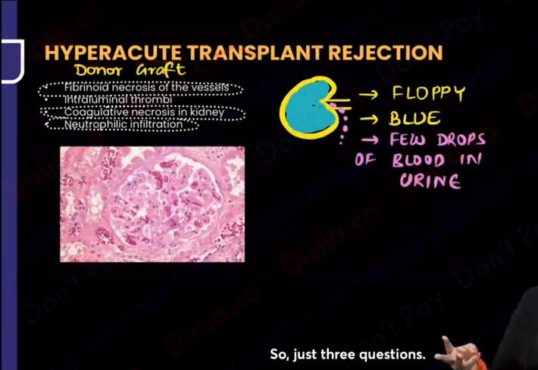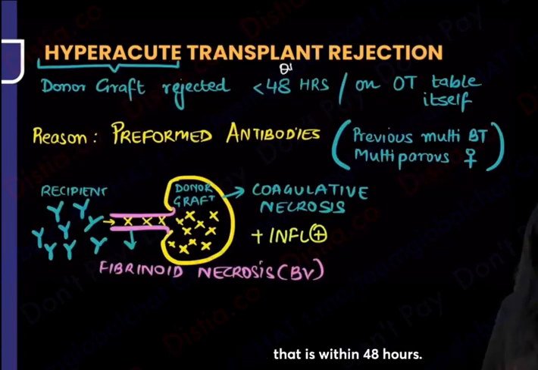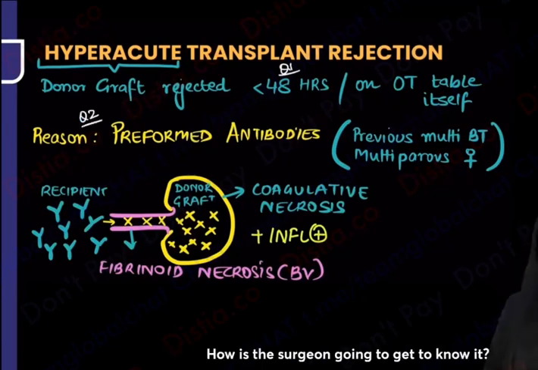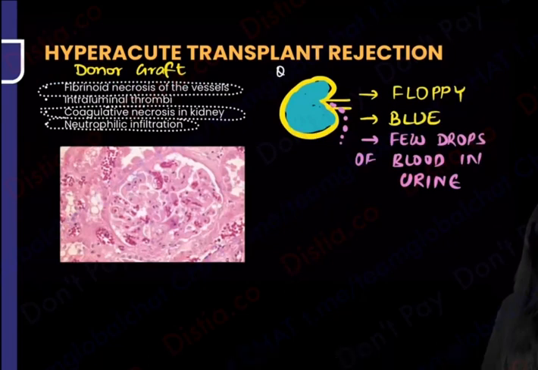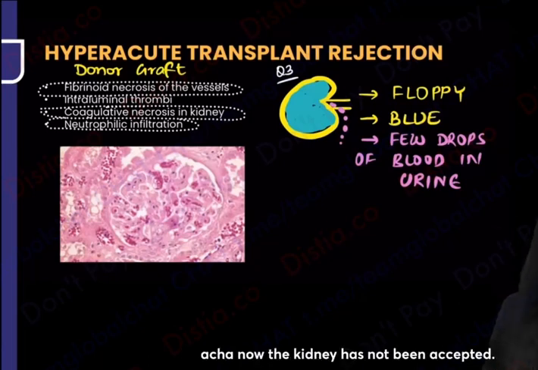So just 3 questions. Question number 1, the cutoff for hyperacute rejection is within 48 hours. The reason for hyperacute rejection is preformed antibodies. How is the surgeon going to get to know it? If it is blue, loose and bloody, the surgeon knows that the kidney has not been accepted. How does the pathologist get to know it?